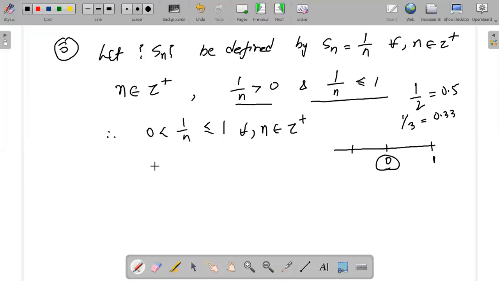Now, the sequence Sn is less than or equal to 1 for all n belongs to Z plus. Now, is it bounded? Yes, it is bounded. Therefore, Sn is bounded.